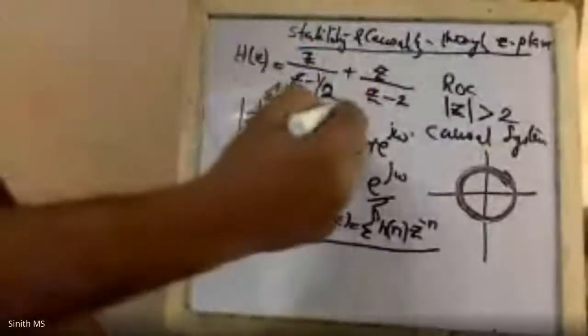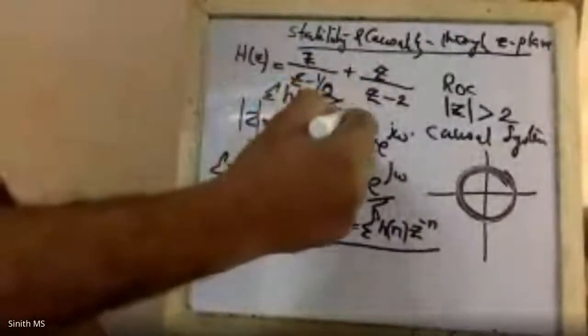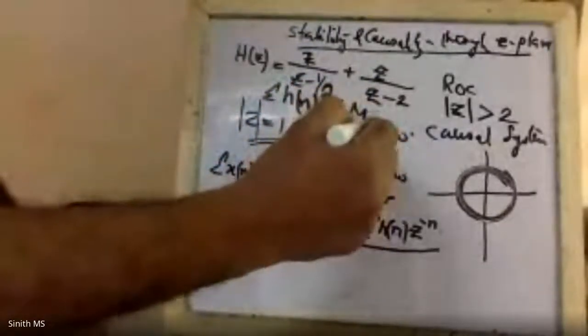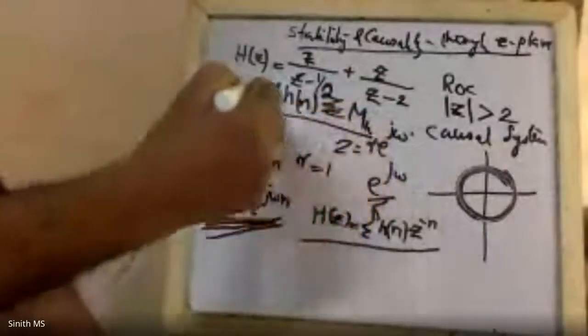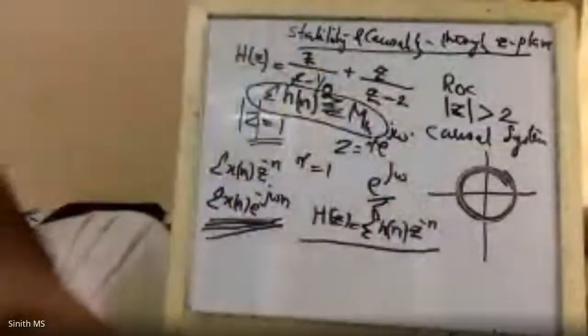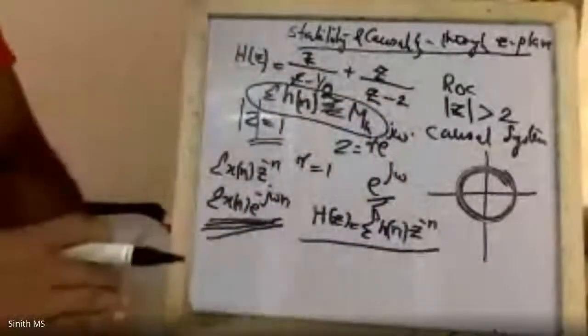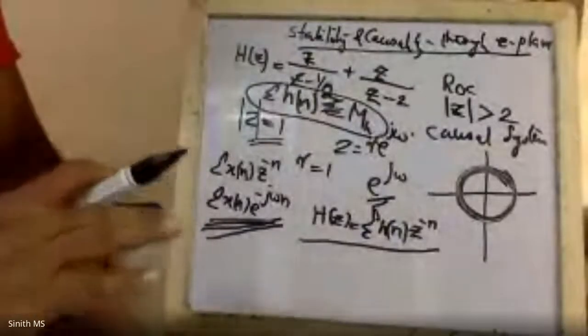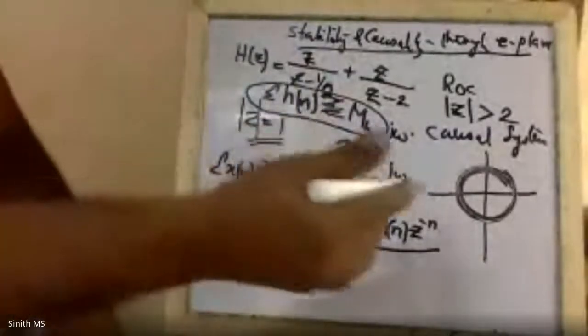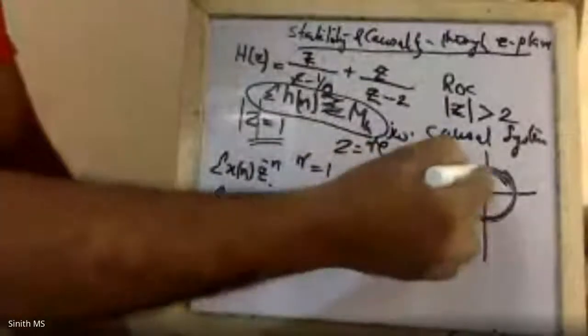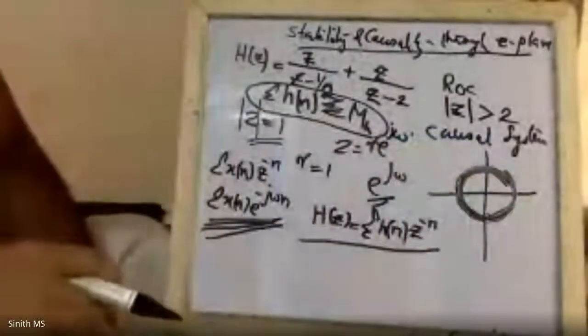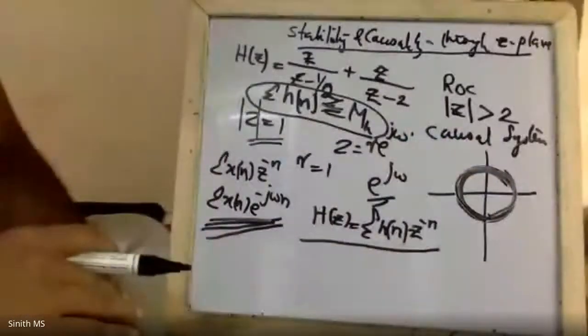So sigma |h[n]| will be less than or equal to M_h, which is a finite value. So if h[n] is absolutely summable, your system is stable. So if the r equal to 1 circle is included in the ROC, you can tell that the system is stable.